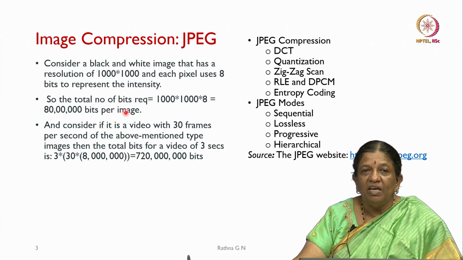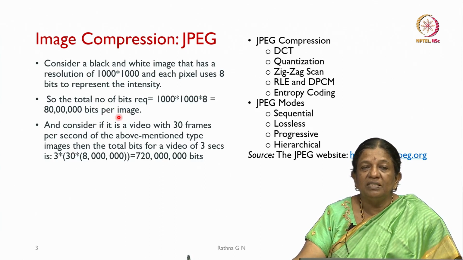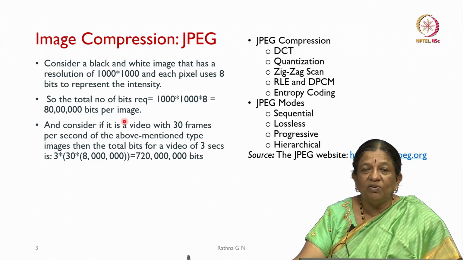And this is only a still image. If we consider a video for black and white, we assume a video rate of 30 frames per second. Suppose it is taken for just 3 seconds.